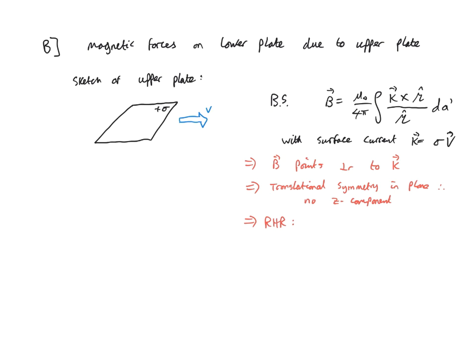The right-hand rule tells us that B is out of the page when we're above and into the page when we're below. Okay, so let's just draw it on our sketch. When we're above, we have something that's out of the page, and when we're below, we have something that's into the page. It's got to be perpendicular to the plane and the velocity. So there we have it.